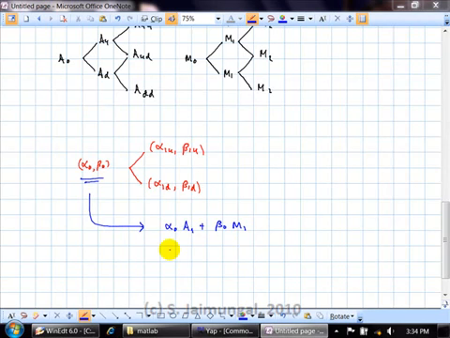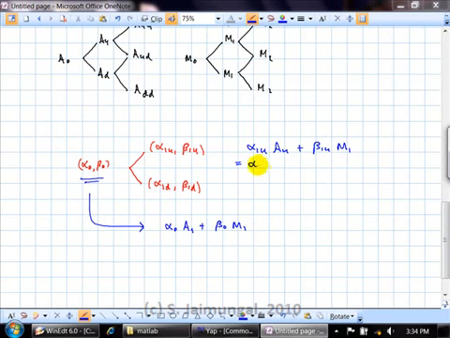Okay? So if I'm in this state of the world, I have to make sure that alpha 1 times AU, the new value of my asset, plus beta 1 times MU, this is my new amount of alpha 1 of A, has to be equal to this amount of money in the up state.